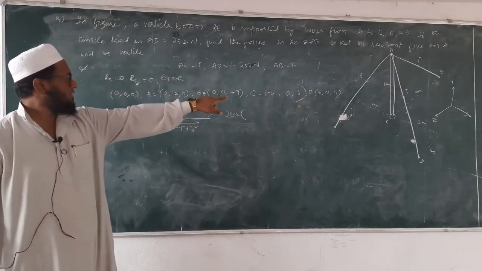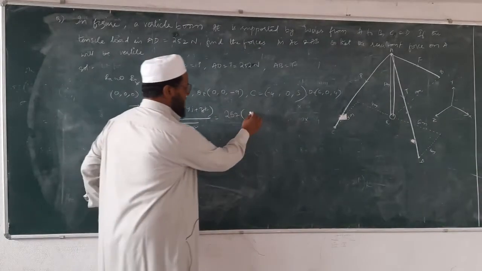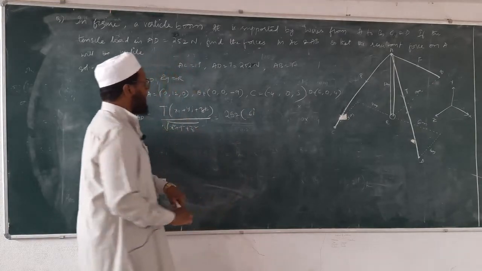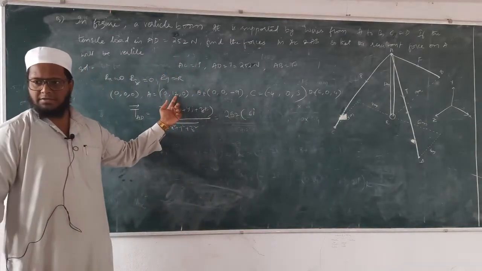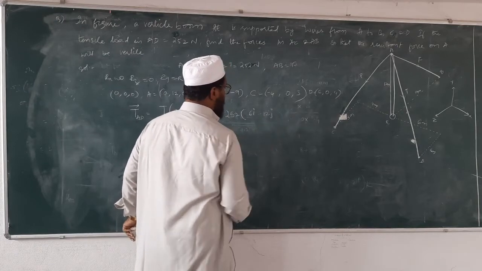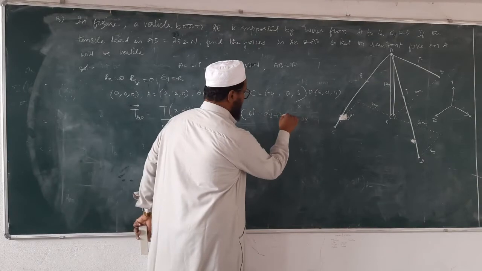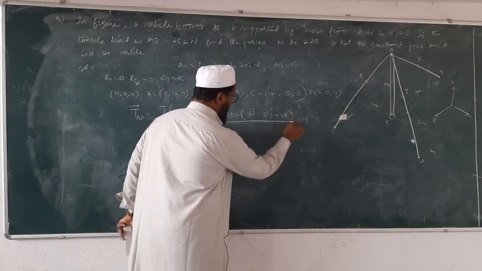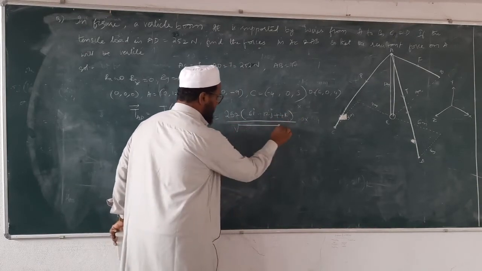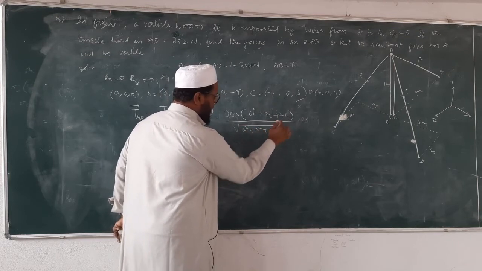D minus A. See there, 6 minus 0 is 6i, then minus 12j, plus 4k, right? Whole divided by under root 6 square plus 12 square plus 4 square.